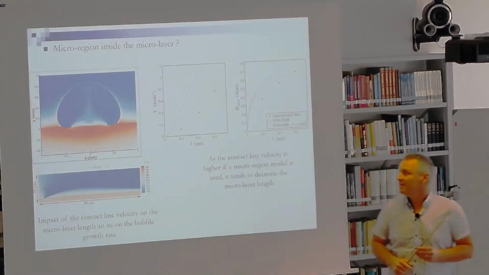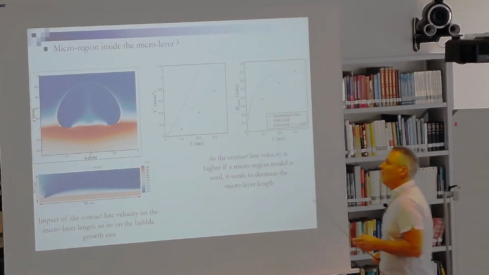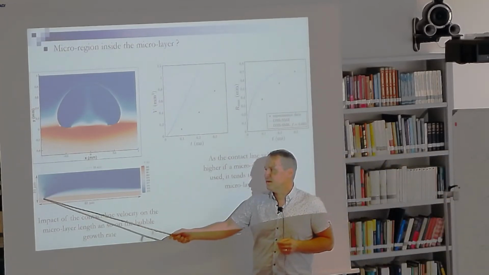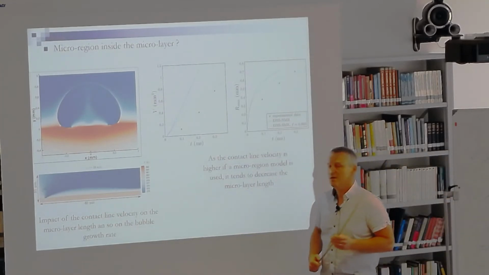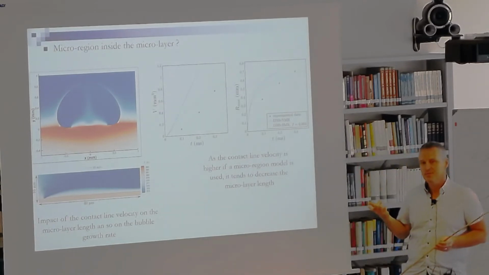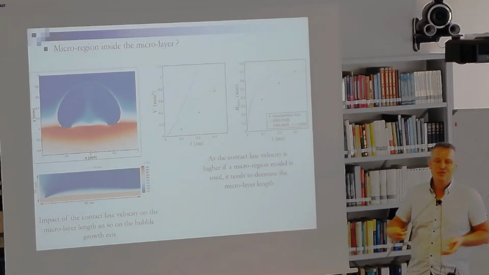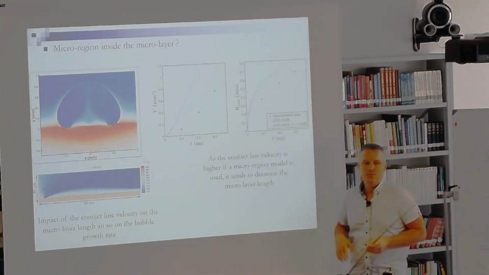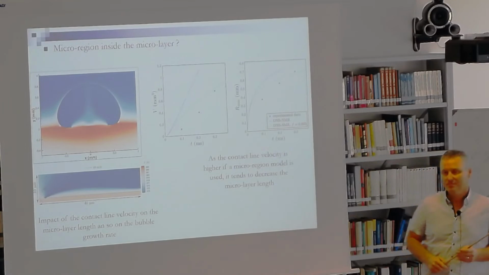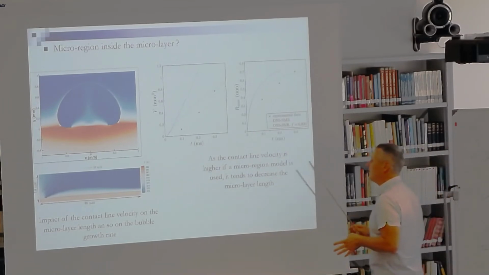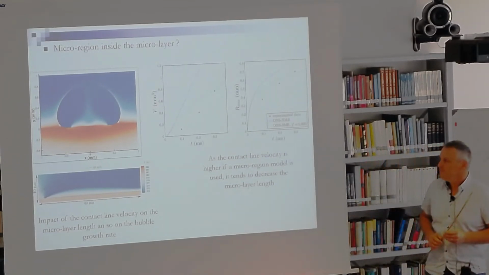And I think that in the case of the microlayer, where the contact line is moving much faster than in the contact line regime, we will need some additional models to account for the local contact line velocity. So this is still a work in progress on this point.